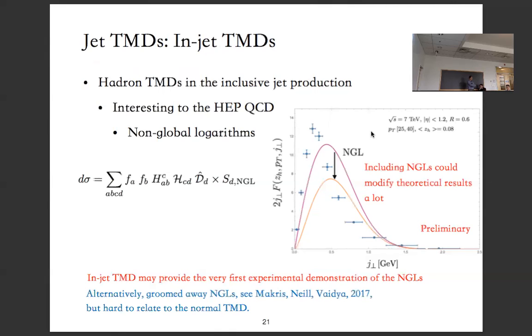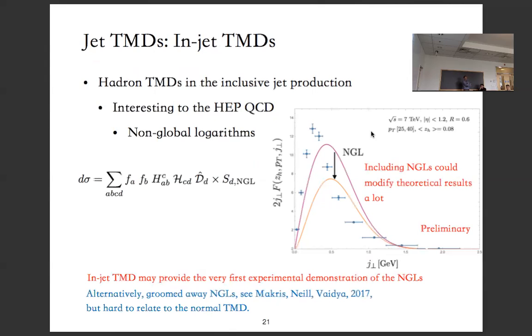This limits your evolution, right? You can only go up to some Q. In normal TMDs, I can evolve to any value of Q, but in this case you're limited because your PT times R cannot be any larger than some number.